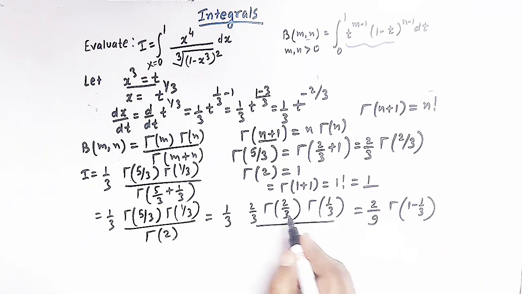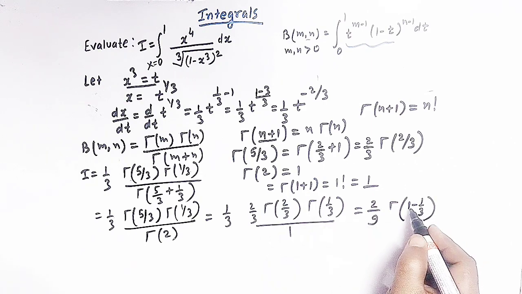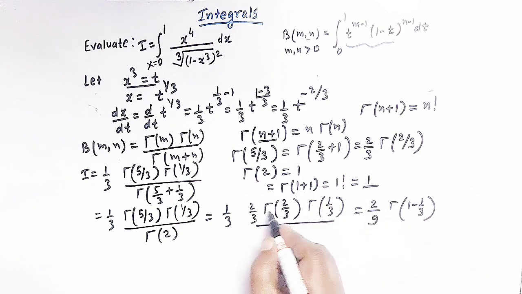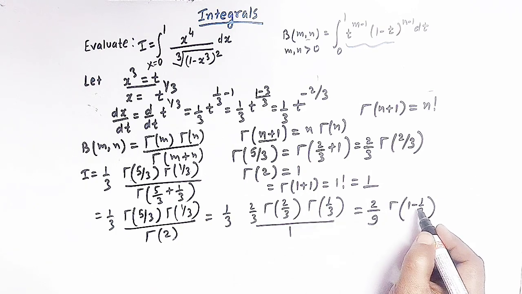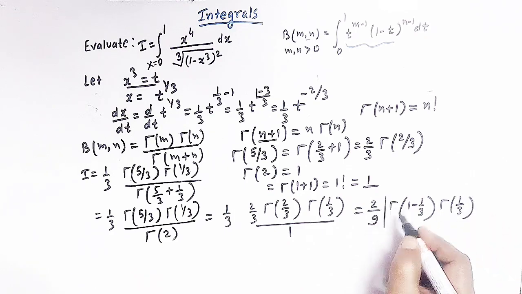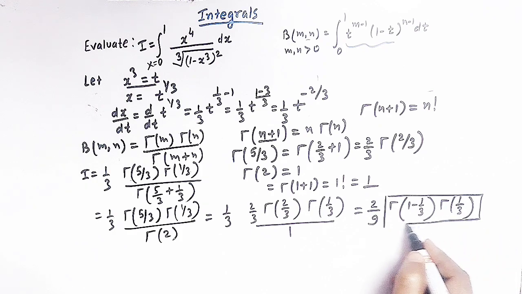So the purpose of writing 2 over 3 as 1 minus 1 over 3 is to make use of the famous Euler's reflection formula. So gamma 2 over 3 can be written as gamma 1 minus 1 over 3, and here we have gamma 1 over 3.